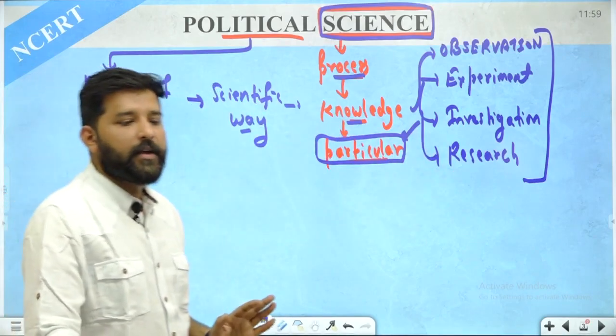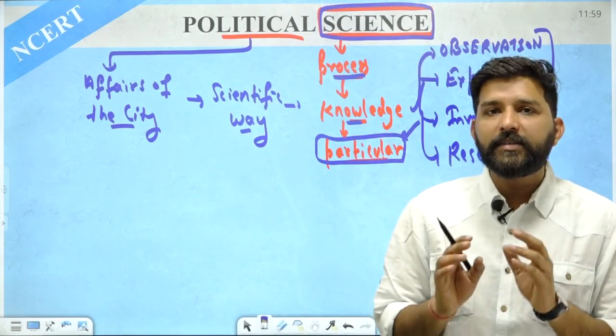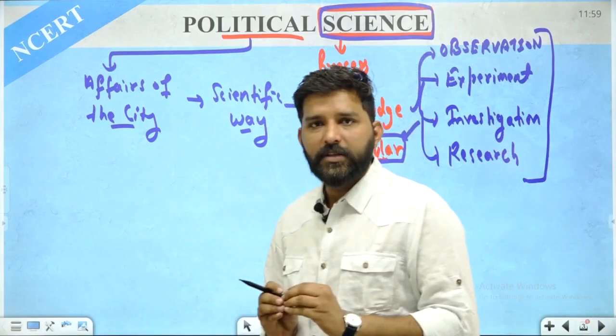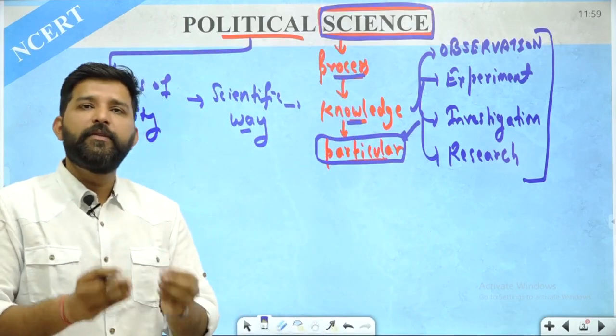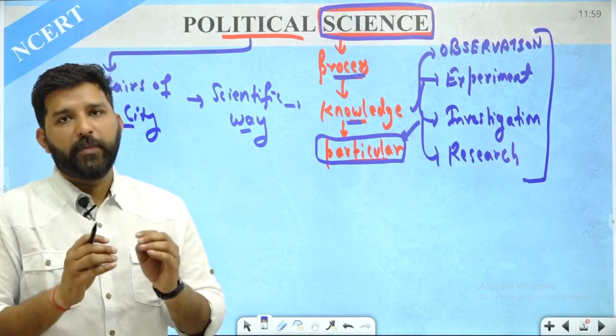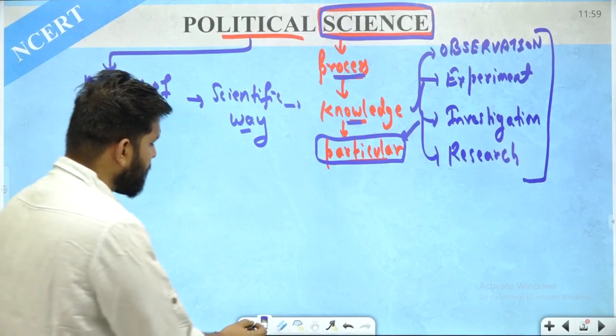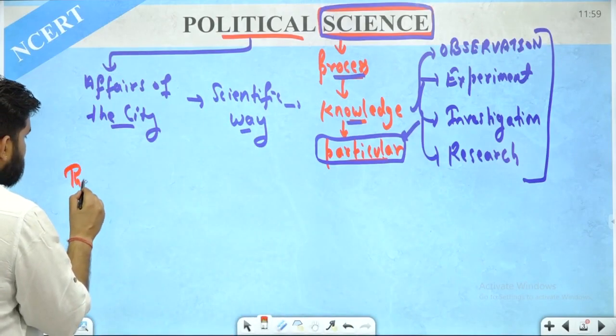Therefore, if we conclude a definition of both words combined, it simply means the branch of social science in which we study the affairs of the city in a scientific way is known as political science. So what can be the definition of political science? It is simple.